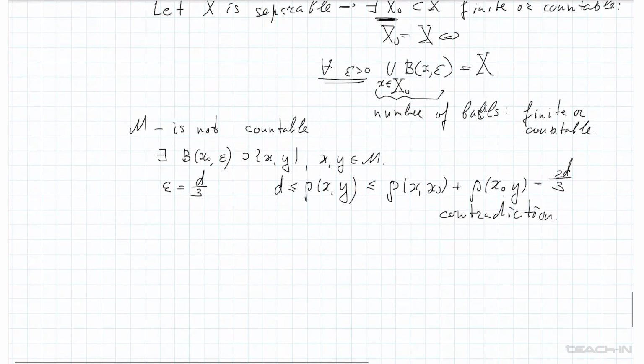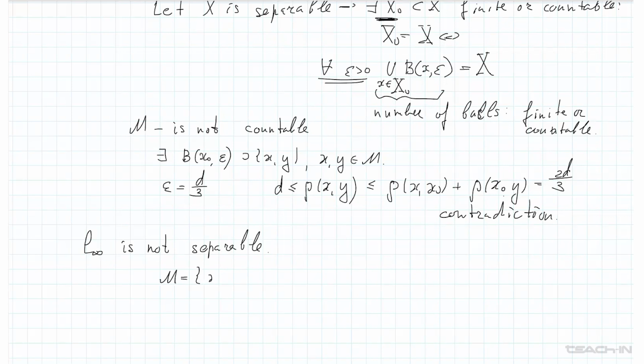Why did I prove the lemma? In order to prove in a simpler way that L infinity is not separable. Let's consider sequences of 0 and 1.